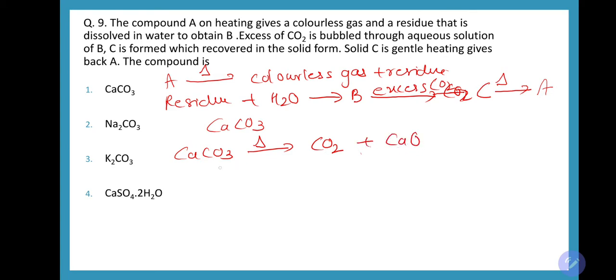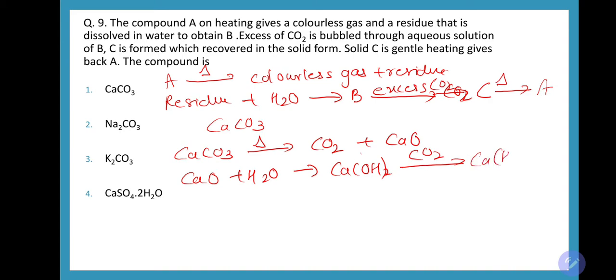Now this calcium oxide is the residue. It reacts with water to form calcium hydroxide, that is Ca(OH)2. When carbon dioxide is bubbled through the calcium hydroxide, you get Ca(HCO3)2, that is calcium hydrogen carbonate, which on heating gives back the calcium carbonate.